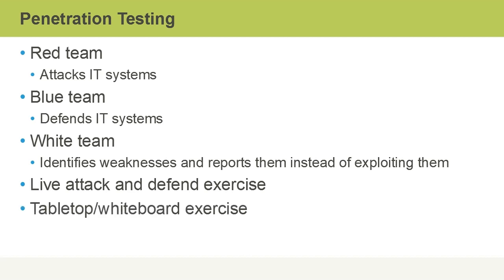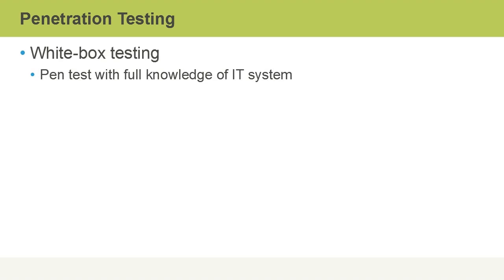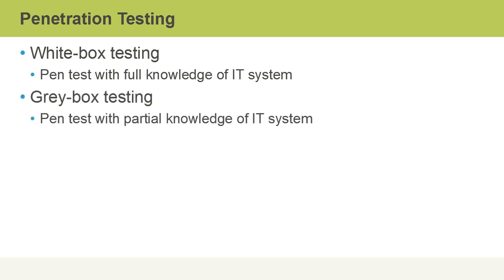We could also use tabletop or whiteboard exercises to step through an attack and the mitigations against it to stop it. With white box testing, it is a pen test that gets run with full knowledge of the IT system being tested. Now, gray box testing is a pen test that's being conducted with only partial knowledge of an IT system.